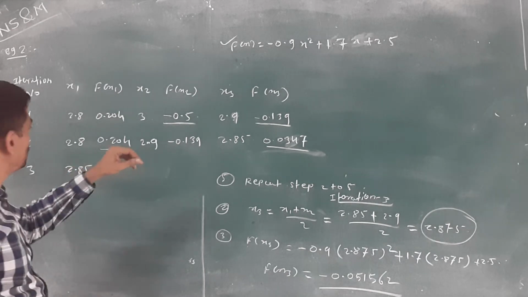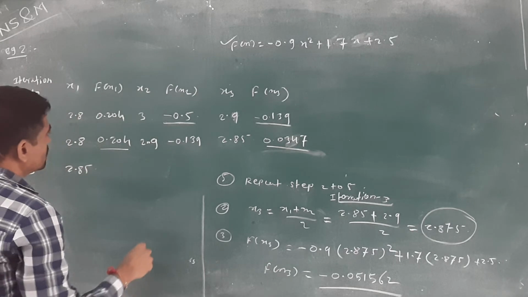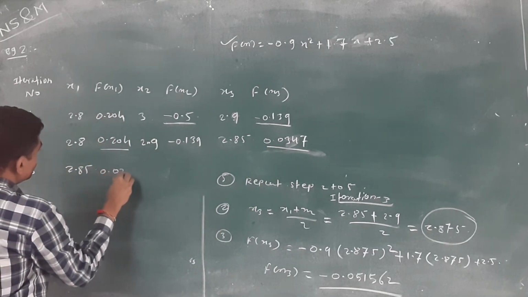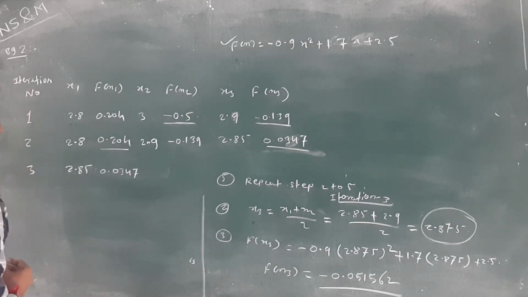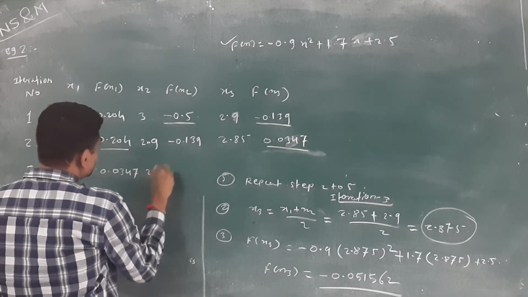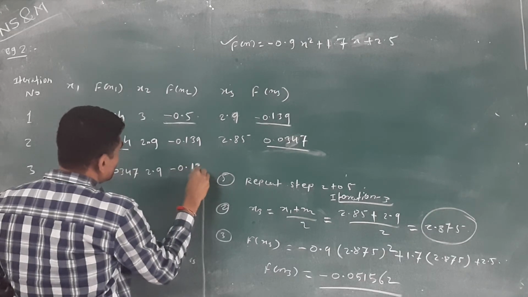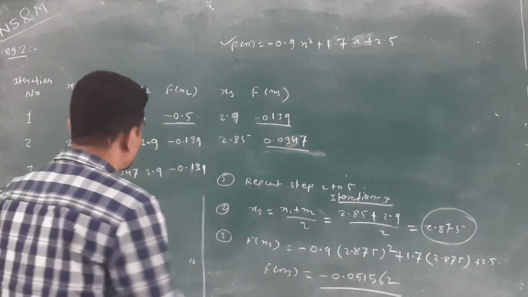When you put 2.85 in that equation, again you will get the same value, 0.0347. What is the value of x2? X2 is again the same, yes, we have not replaced that. That's why you will get the same value, 0.139.